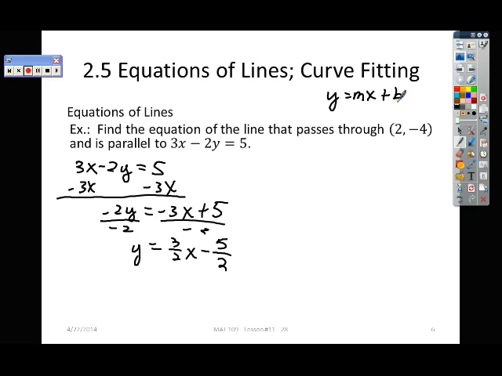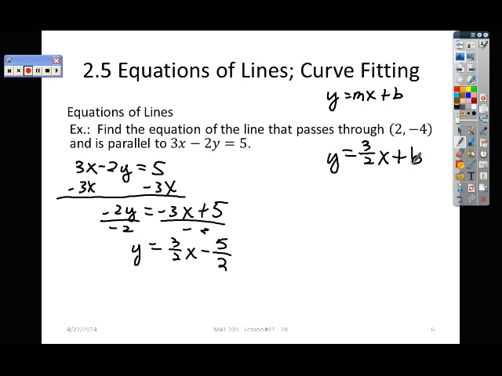And if I said the slope is this value, that means my new equation looks like that. But that's not finished because I can't graph anything from that because I don't know what b is, do I? So I've got to find b.